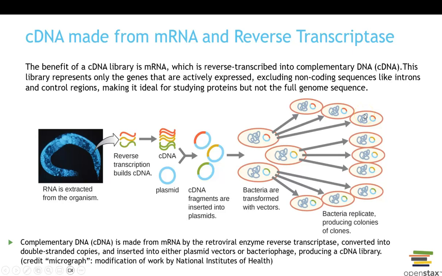And exactly the same as before, each of these bacteria replicates and can produce unique colonies that carry a specific fragment or gene, and then you can do the screening to find the genes of your interest that you can study further. They call this a cDNA library, and the main difference from the genomic library is that our main focus here is studying the proteins, not the full genome sequence as in the genomic library.